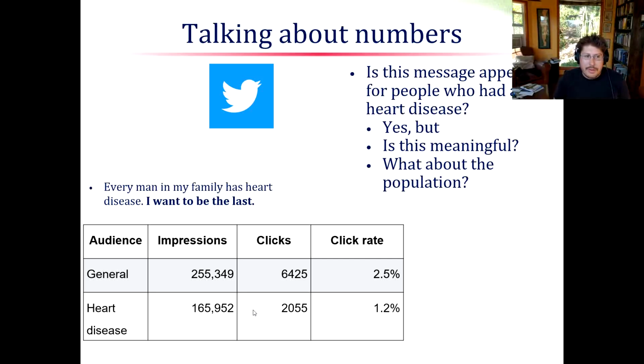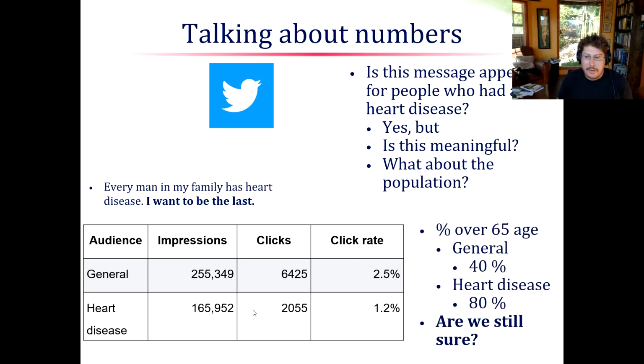More importantly, you've got to think about how people click on ads. If it was true that people with heart disease clicked on ads way less often in general, then maybe this isn't a problem. Maybe you are reaching those people and getting them to disproportionately click on ads.